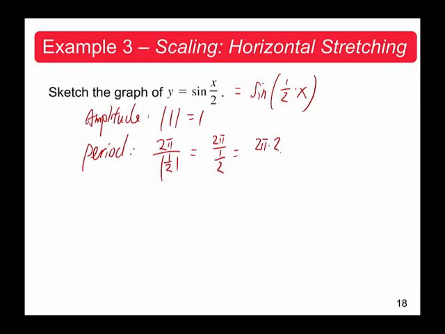Dividing by half becomes multiplying by 2. It's the same thing. So that's 4 pi. Meaning that since b is greater than 0 and less than 1, we have a horizontal stretch because the period becomes longer. Compared to the original period of 2 pi, now it's 4 pi, twice as much. So it's a horizontal stretch. We do expect that.